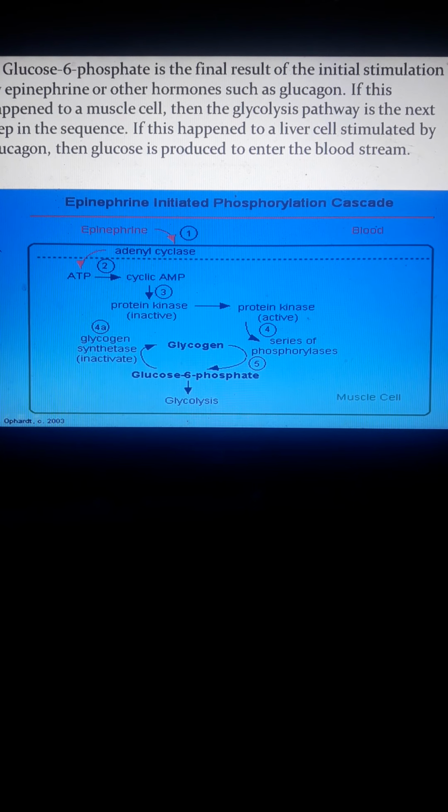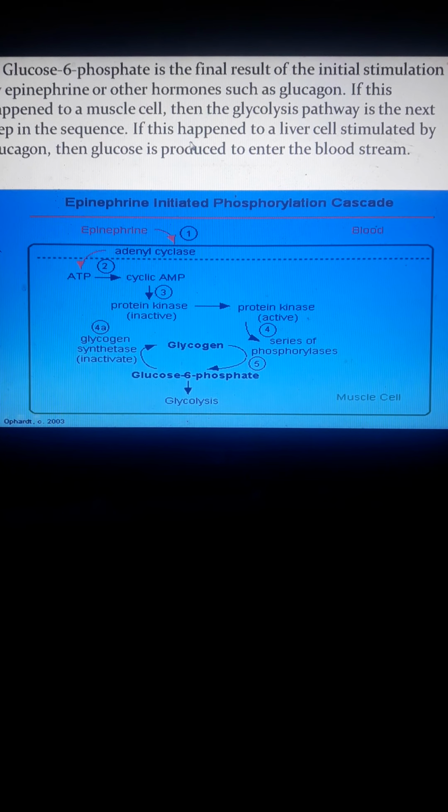Okay? So, step number 5, take note class. The glucose 6-phosphate is the final result of the initial stimulation of epinephrine and other hormones such as glucagon. So, during that process class, your glycogen undergoes glycogenolysis. The initial, intermediate product is glucose 6-phosphate, due to the stimulation or binding of epinephrine or glucagon.